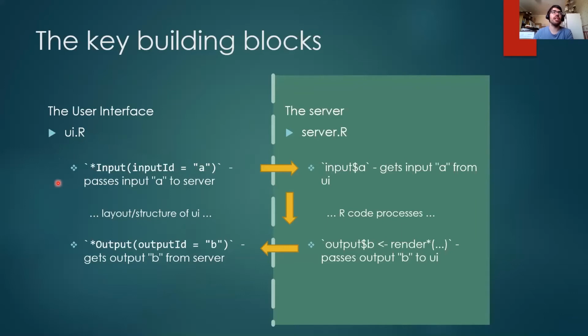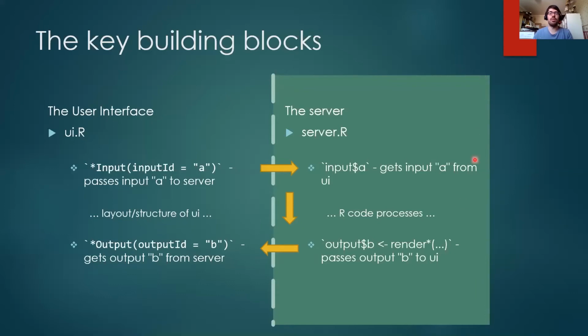The user interface takes an input, input A it calls it, we'll work out how that works in a second, passes it to the server file, who takes this input, processes it using all the code that you're writing, and then creates an output and then passes it back to the user interface. In all the slides that we're looking at, hopefully you can see that's divided up.